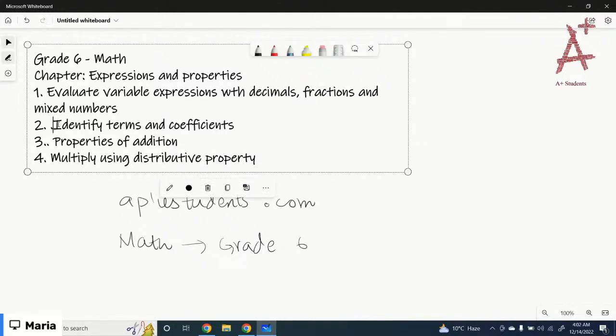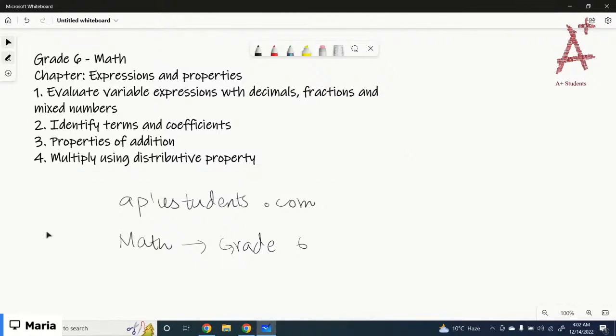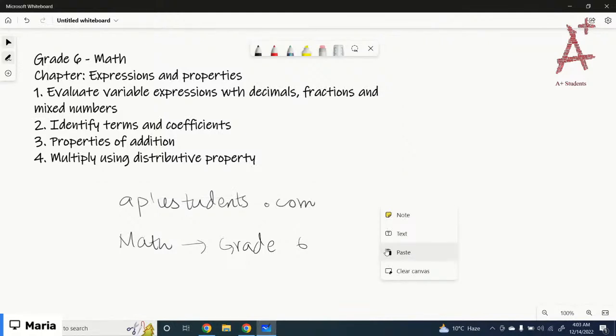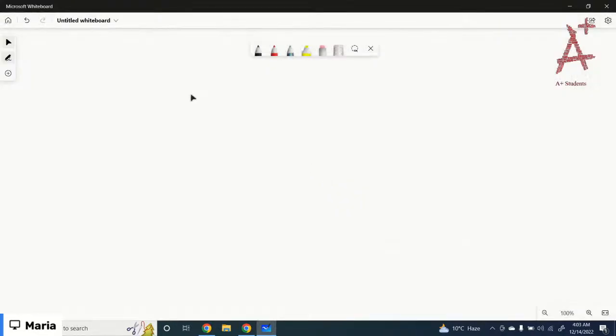Got it? So please make sure you have your notebook and pencil so that you can note down the important examples and definitions as well. Got it? So let's start with the first lesson, that is evaluate variable expressions with decimals, fractions, and mixed numbers. Let me write down the lesson name, then we'll start.